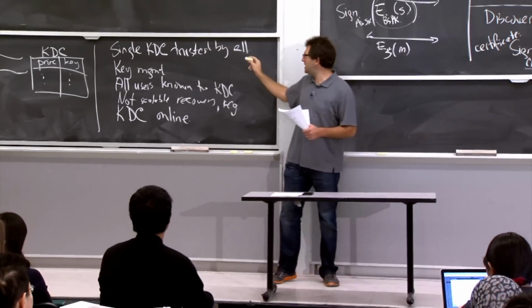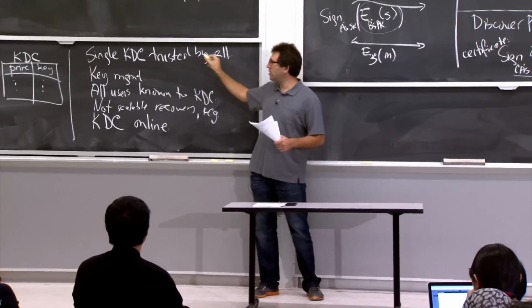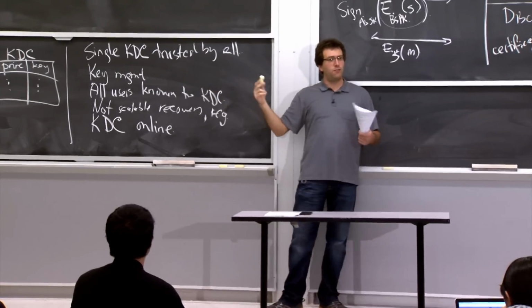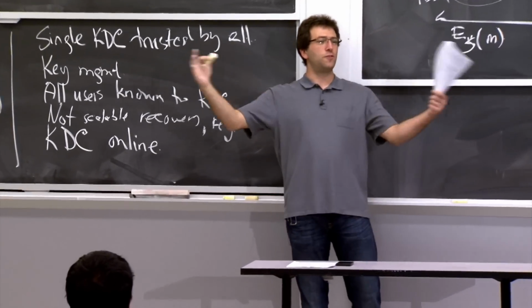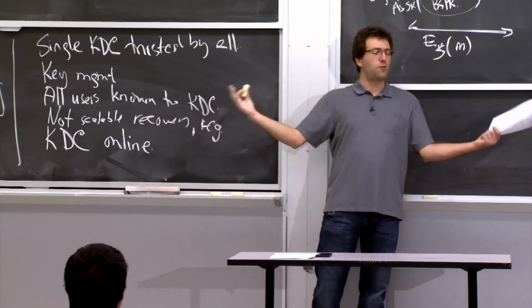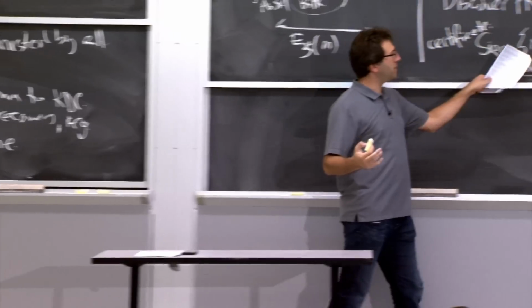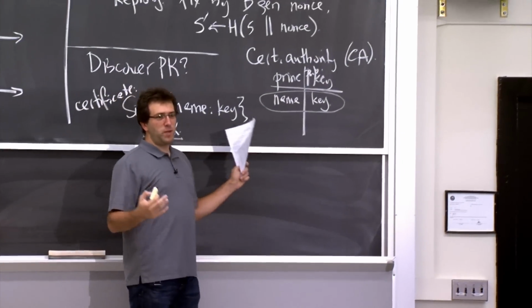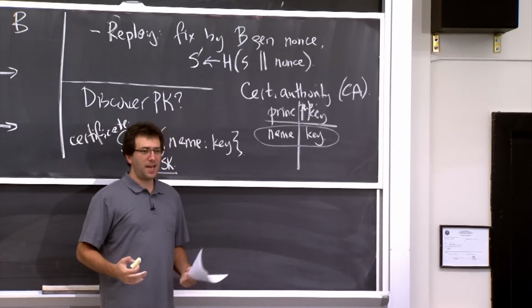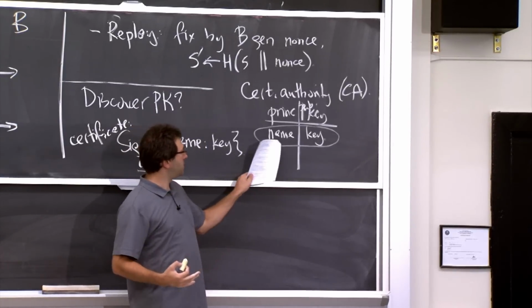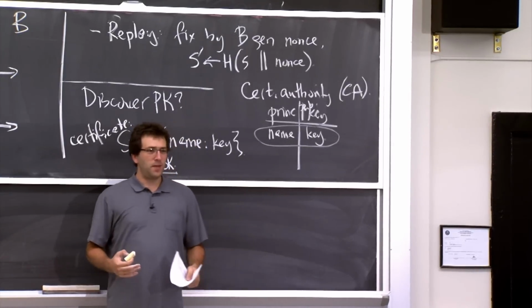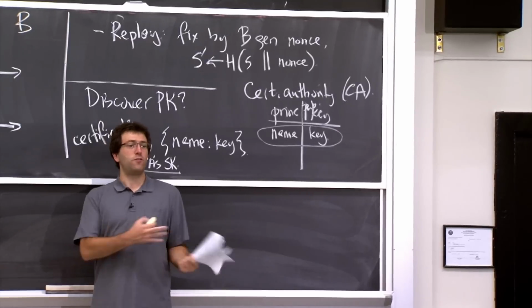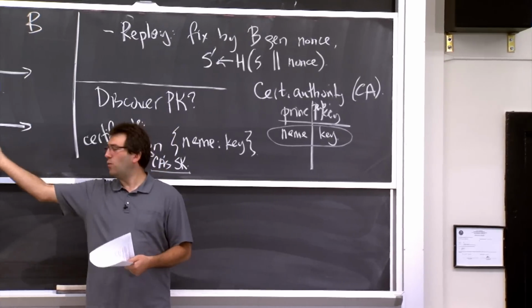This is actually worse in the SSL world because instead of trusting a single KDC machine, everyone is now trusting these hundreds of certificate authorities, because all of them are equally as powerful. Any of them could sign a message like this, and it would be accepted by clients as a correct statement saying, oh, this principal has this public key. So you have to only break into one of these guys instead of the one KDC.